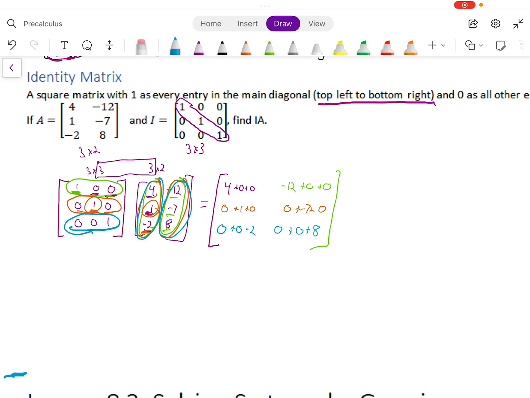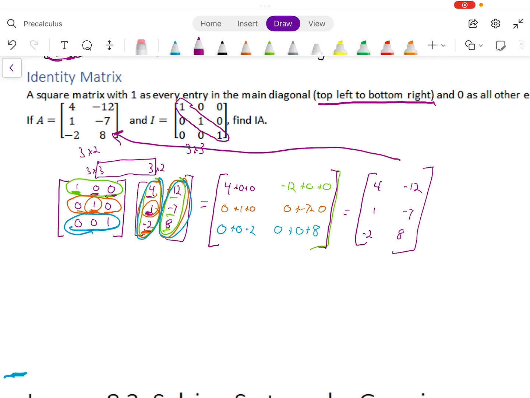And you'll notice that when you multiply the identity times any matrix, you will just get that same matrix. So the exact same as our matrix A. So there are the operations with matrices.